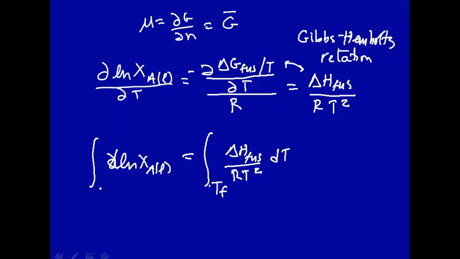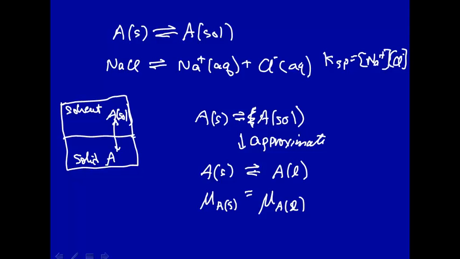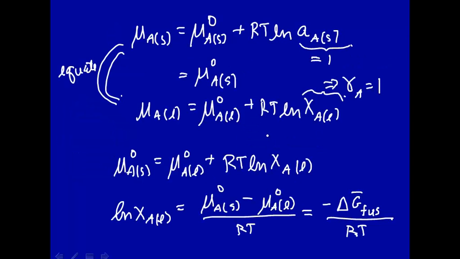Right at the freezing point, you have pure component A, where the mole fraction is 1, and therefore the log is 0. So we integrate from there to some particular value corresponding to that temperature. So we want to predict the temperature dependence of solubility, and we're going to reference it to the freezing point. Why is that? Well, because this is the real reaction we're approximating this reaction as.